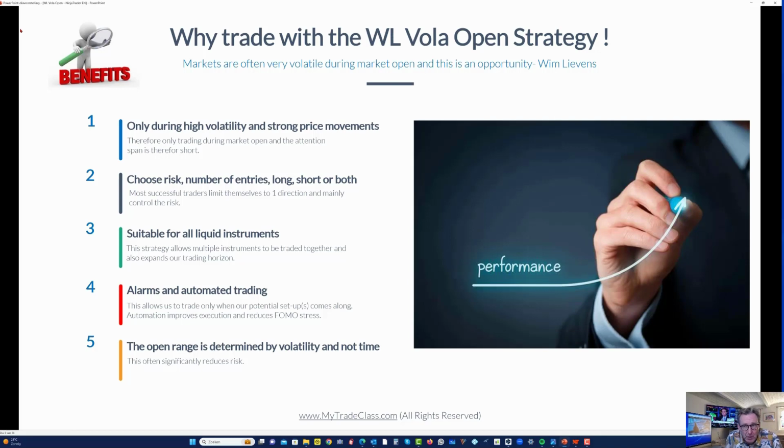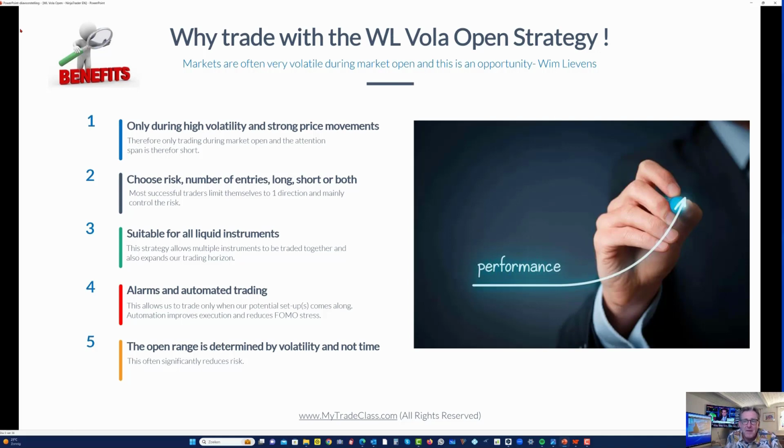Why does it work? It's already been around for more than 5 years. Basically, even if you would trade this blindly, you would probably still do okay. What I mean by that is you wouldn't make a fortune on it, but you wouldn't lose with it either. Why?